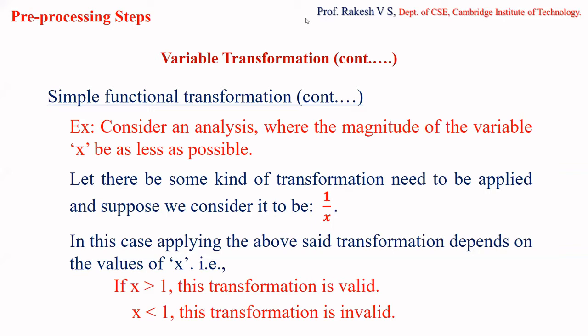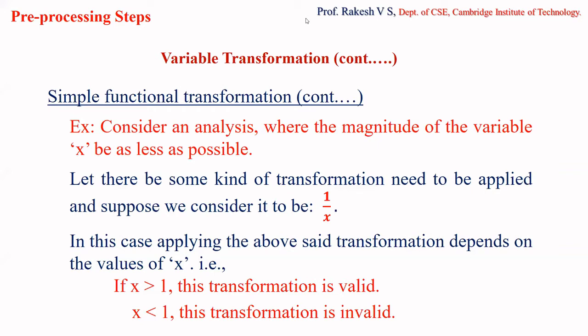But you know what 1 by x is. Actually, it is nothing but taking the reciprocal of the actual values. That's all, right? Taking the reciprocal. When you take 1 by x, you are reciprocating the values whatever you have got.